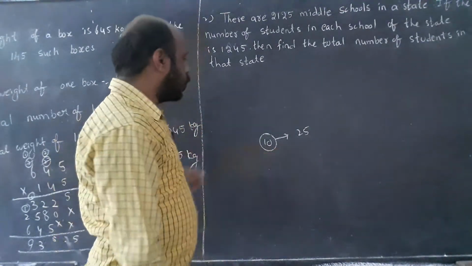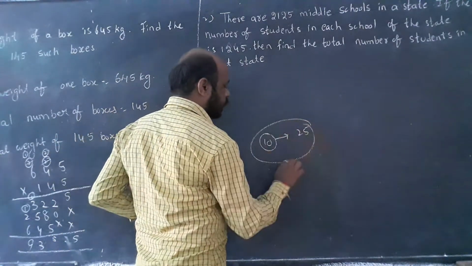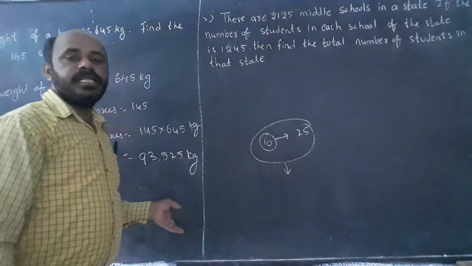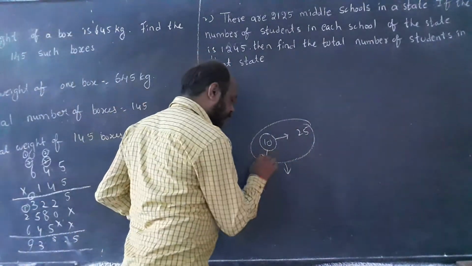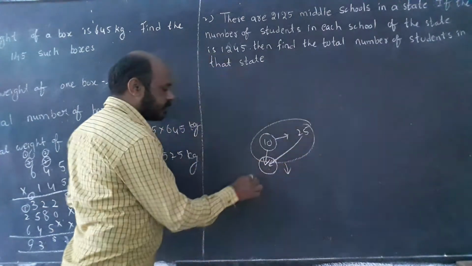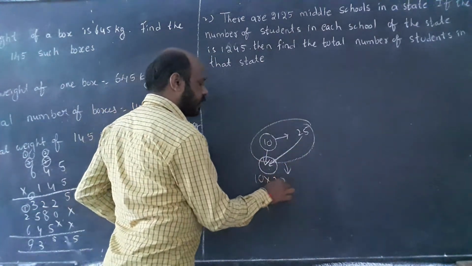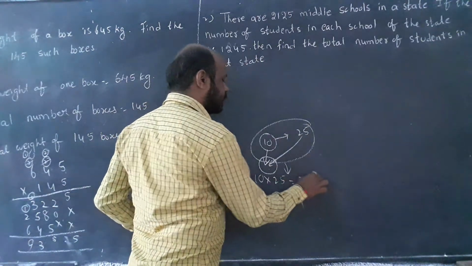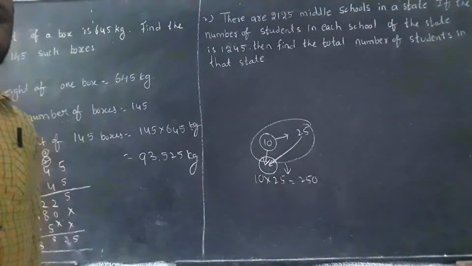Total how much strength will it be in the school? School is having 10 classes, each class has 25 members. Total students how much will it be? 10 into 25, it will be 250 students in the school.